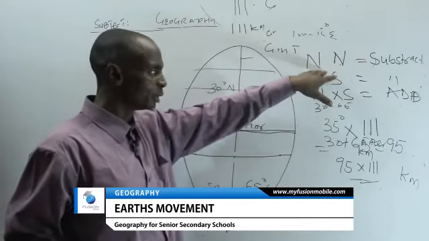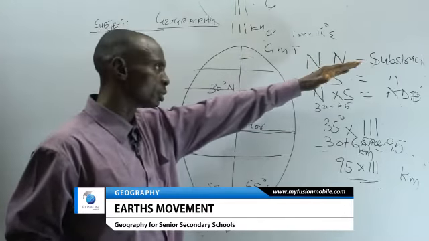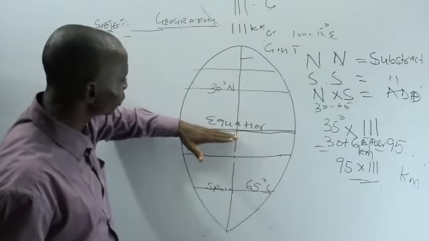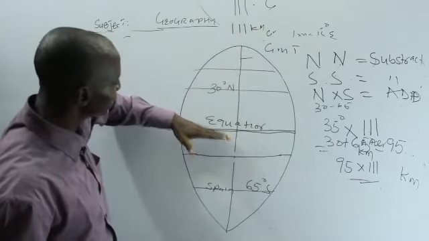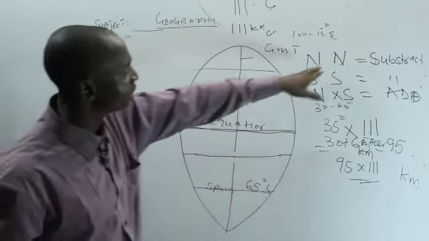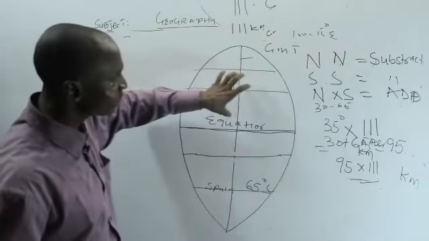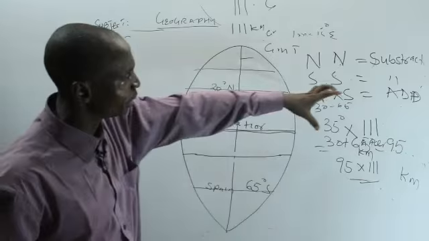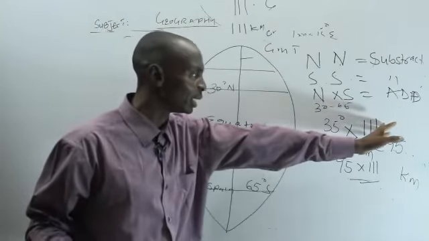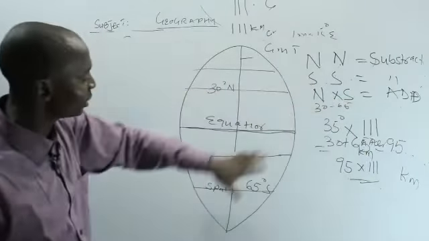The 2 locations, are they in the same hemisphere? This is the equator, this is north. Is it north north? Is it south south? If it is north north, you subtract the smaller number from the bigger number. You multiply by 111. If it is south south, the same thing.